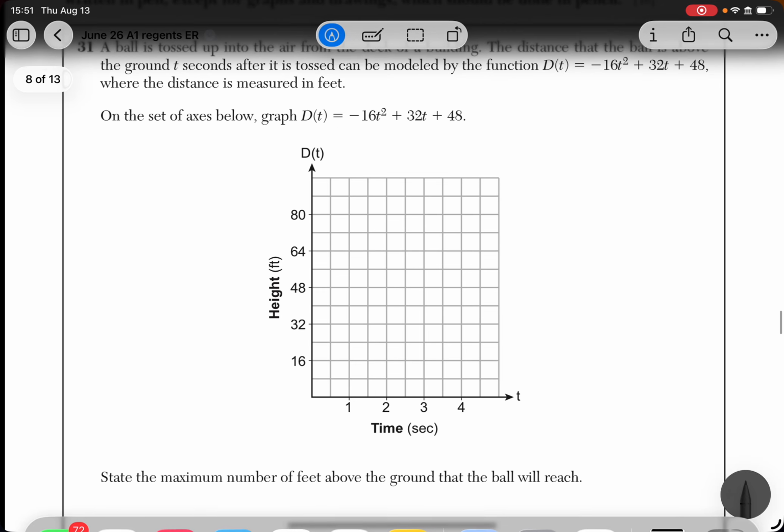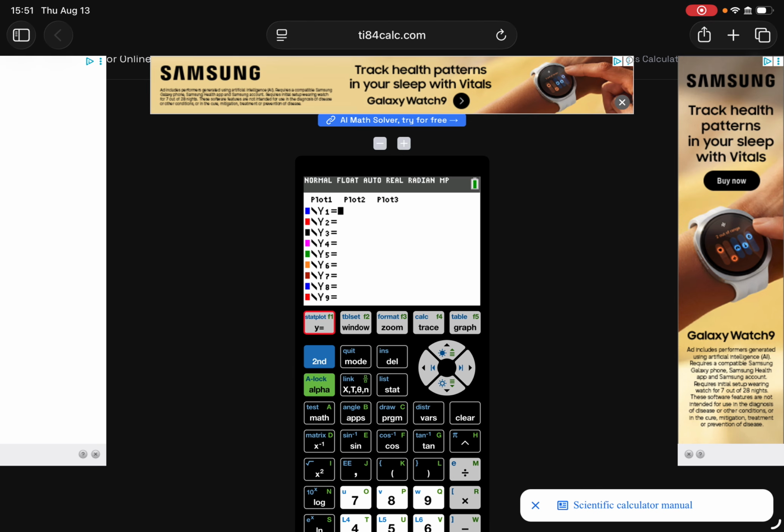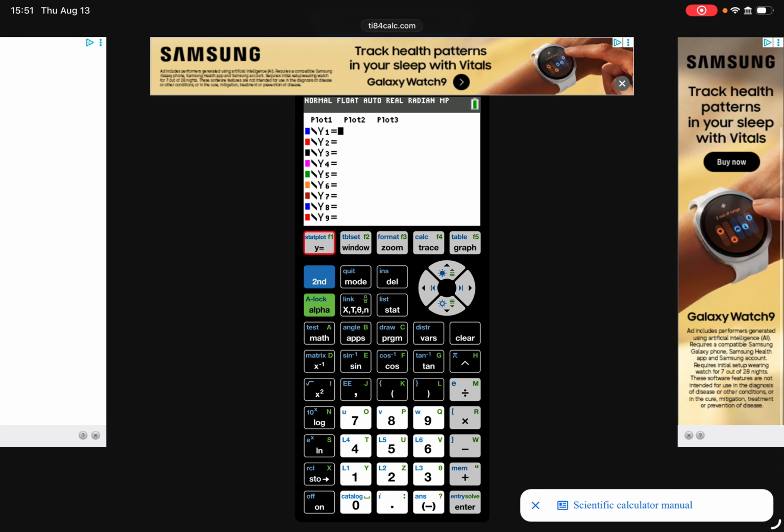So in the TI-84, and I'll pull that up for us, you're going to go to y equals, and within y equals, we're going to type in that equation that was given to us, which was d of t equals negative 16, and it says t squared. We're not using t, so we just say x squared, and then plus 32t, so plus 32x plus 48.